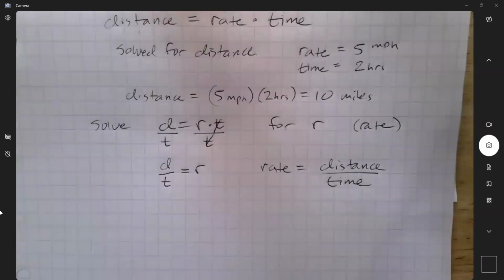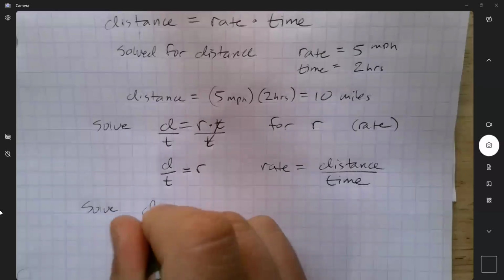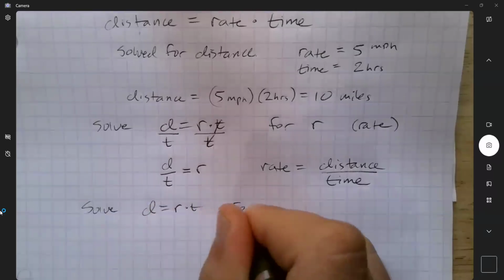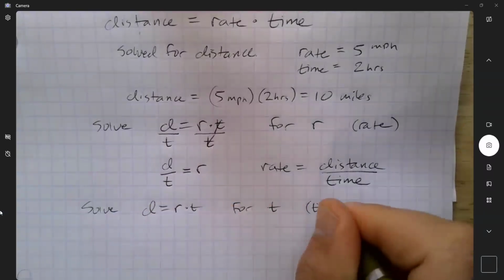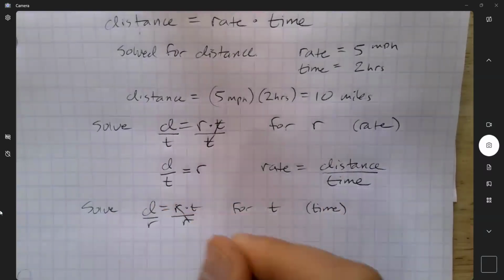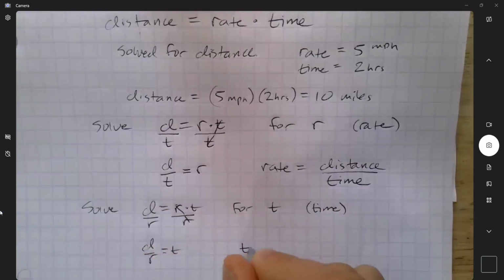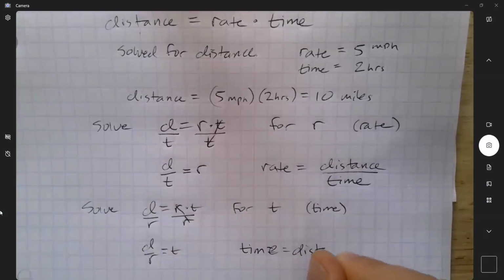And I could also solve this for time. I could solve d equals rt for time, in which case I would divide both sides by rate. And I see that d over r equals time, or that time equals distance over rate.